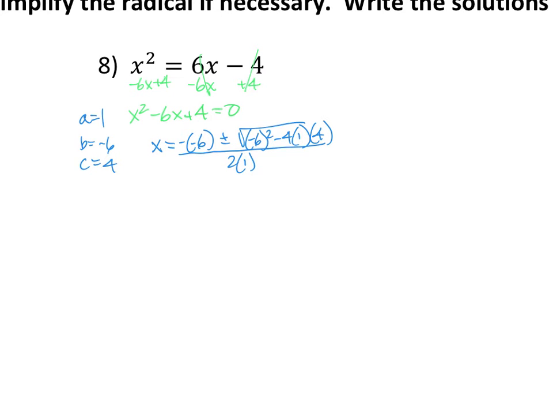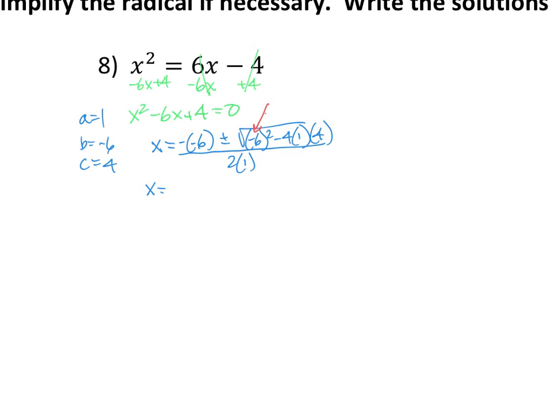Now, I'm going to give you a little heads up here. When you are squaring the -6 in your calculator, don't forget, squaring anything is always a positive number. If that ends up being a -36, something is amiss. So you've got to be careful of that.